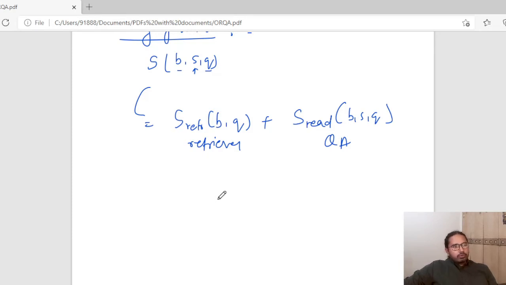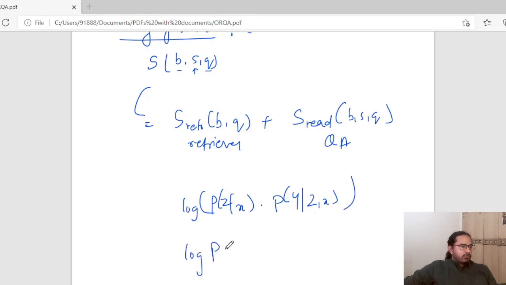we usually, when we have p(z | x) times p(y | z, x), take a log of these values, and this becomes the log of the probability of that retrieved block plus the log of the target answer that the model gave, given the retrieved block and the input question.